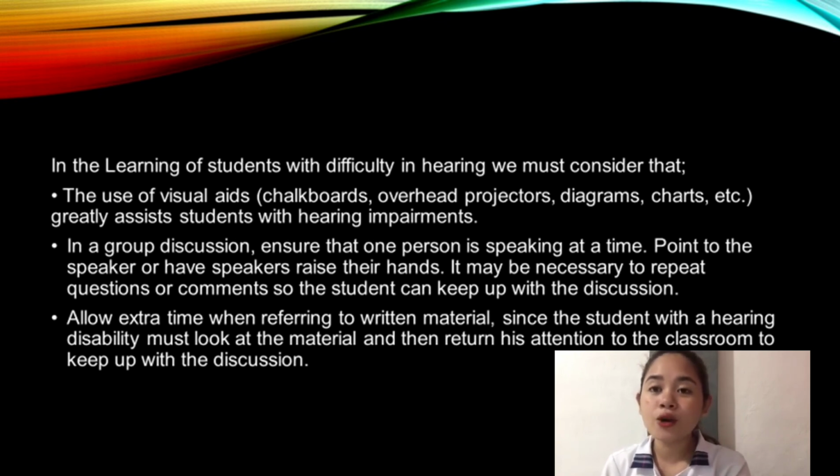So, in a group discussion, one speaker must stand out to speak clearly so that everyone can hear. Then last, allow extra time when referring to written material, since students with a hearing disability must look at the material and then return their attention to the classroom to keep up with the discussion.